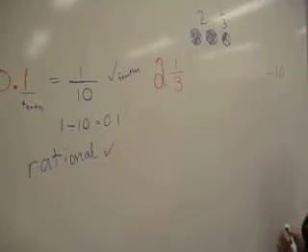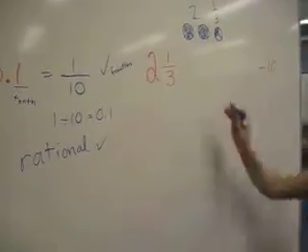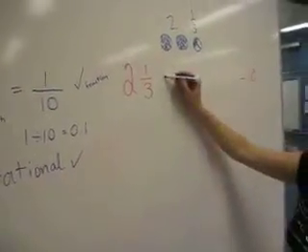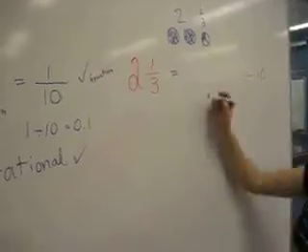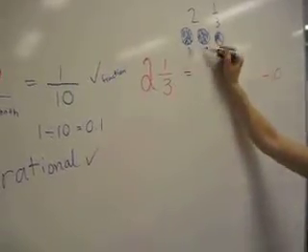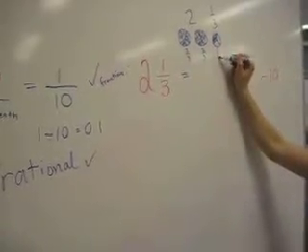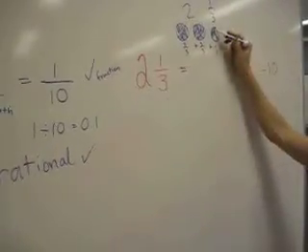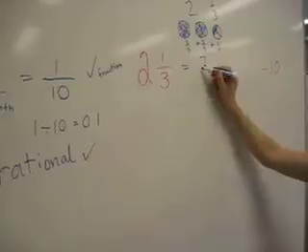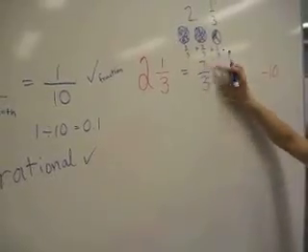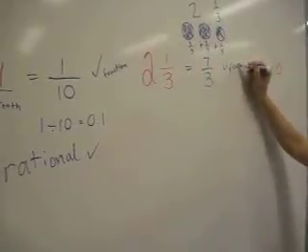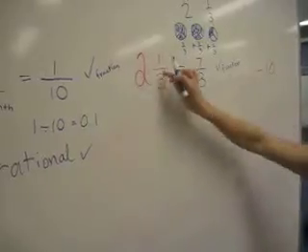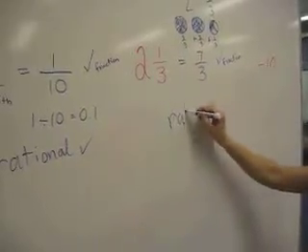Can we write that as a fraction? Well, it is a mixed fraction. Let's see if we can write it as an improper fraction. We've got 3/3, 3/3, and 1/3. Add them all up. You get 2 groups of 3 plus the 1 left over, leaves us with 7/3, which is a fraction. Therefore, 2 1/3 is a rational number.